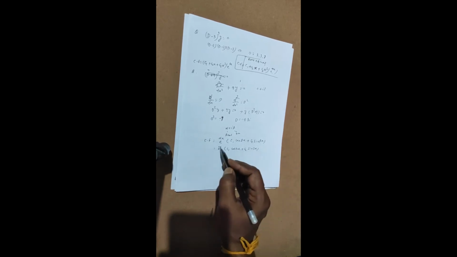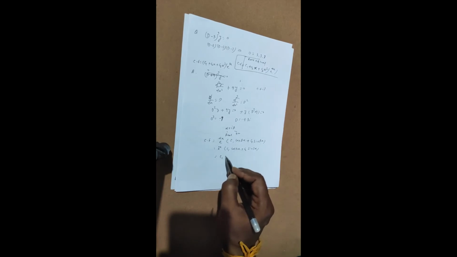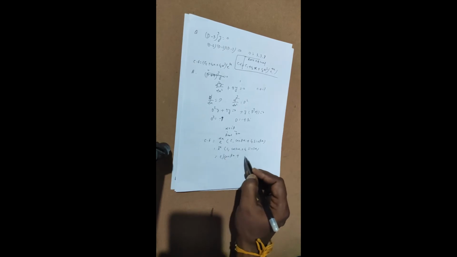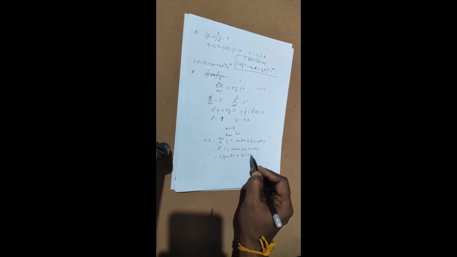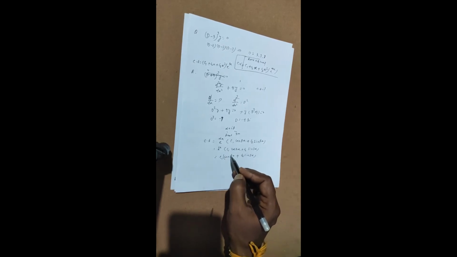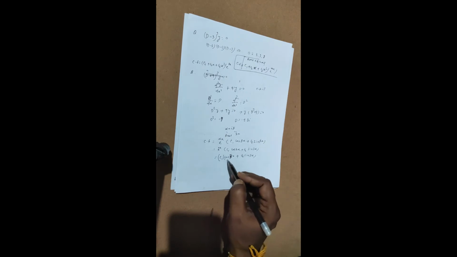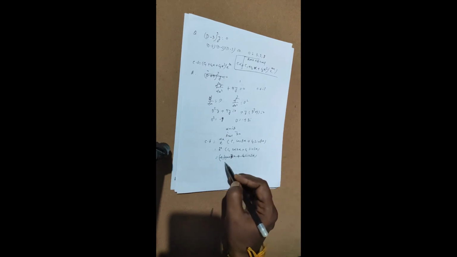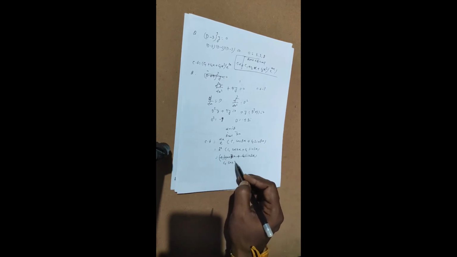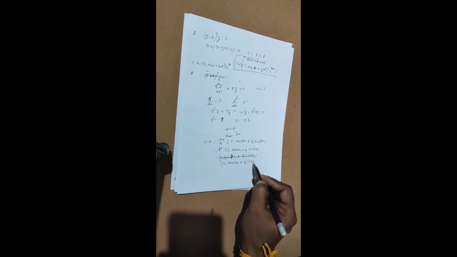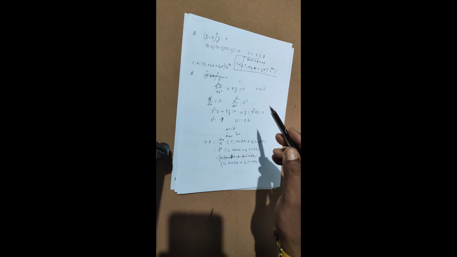E to the 0 is 1, so this is the complementary function: c1 cos 3x plus c2 sin 3x. This is the rule for the complementary function of the differential equation.